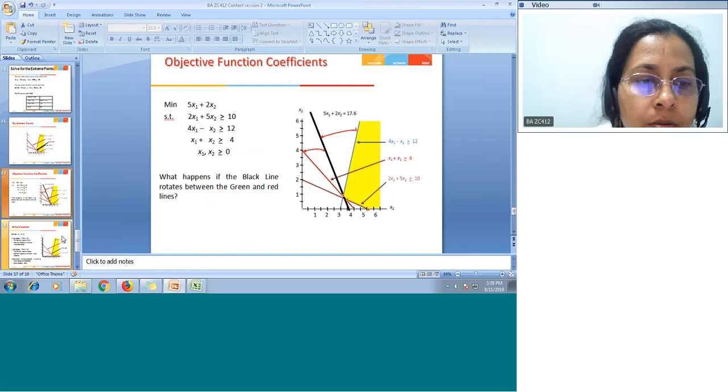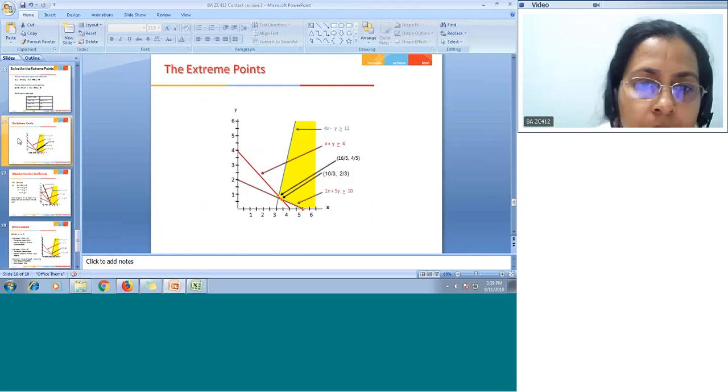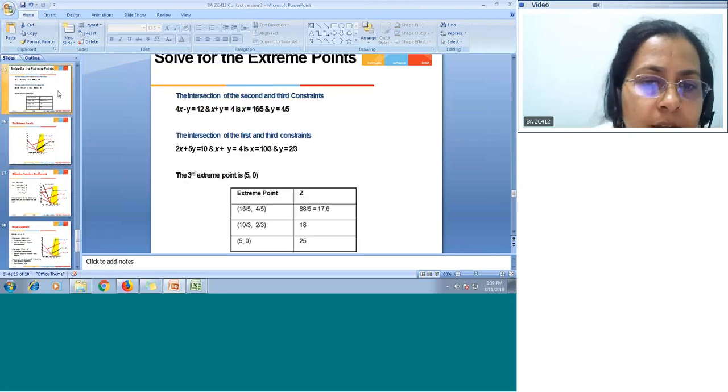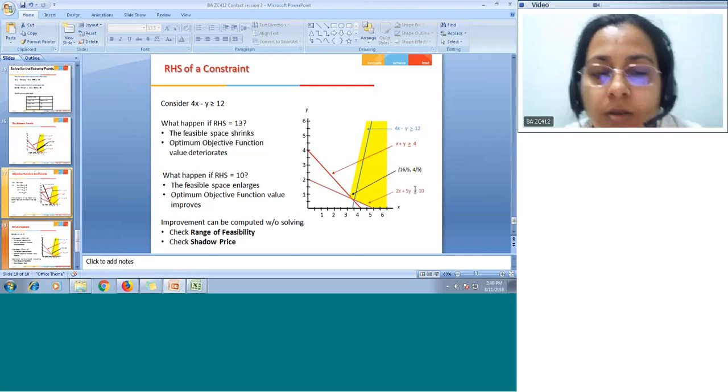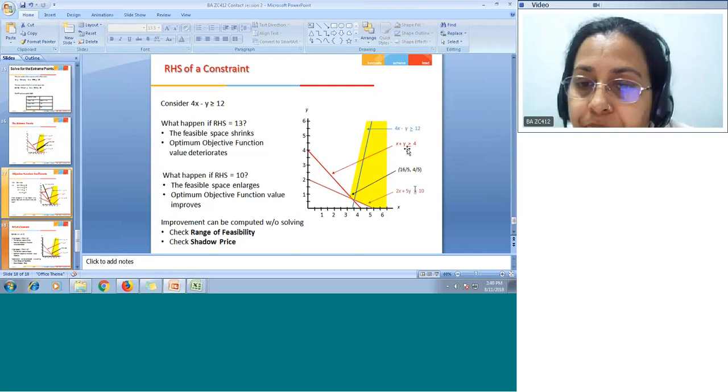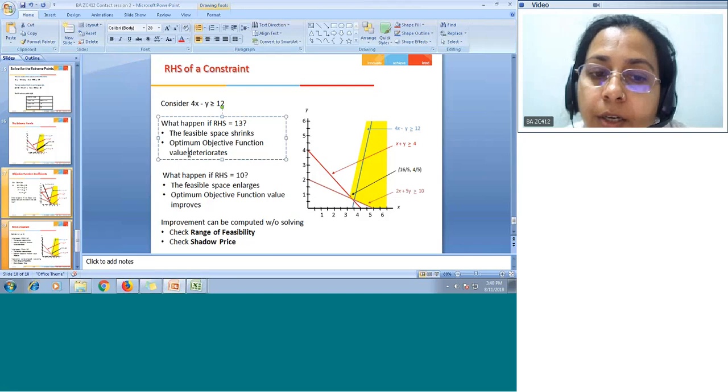Earlier x and y, and x2 is equivalent to y. So here you can see this will change. So the objective function value deteriorates.